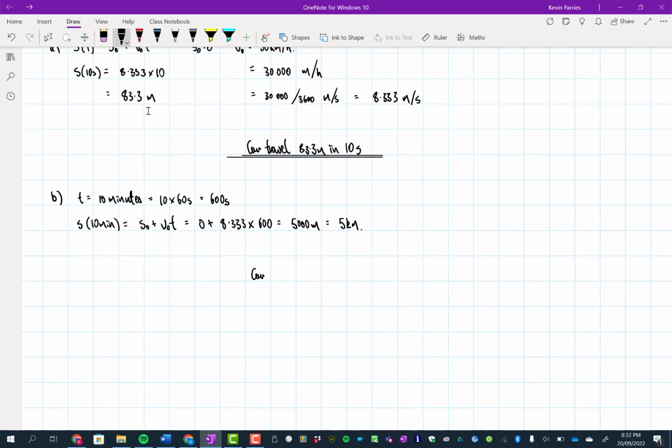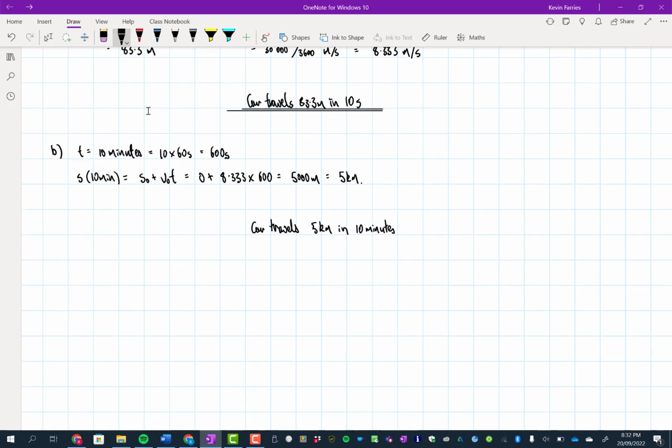So the car will travel 5 kilometers in 10 minutes. Now I could do a check on that.